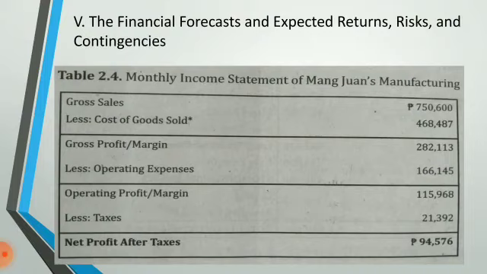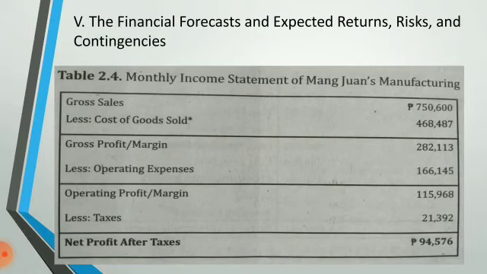Now, let's go to the next part, which is the financial forecast and expected returns, risk, and contingencies. So actually, this part is just your projection on what's your estimated income for maybe after 1 year. And then as much as possible, if you can, provide your projected income statement for a total of 5 years.